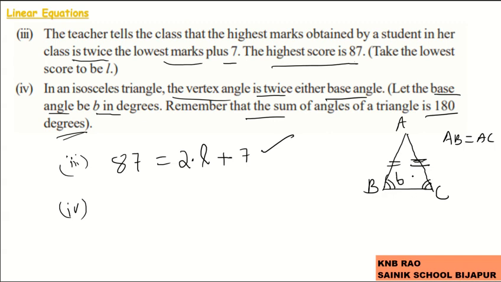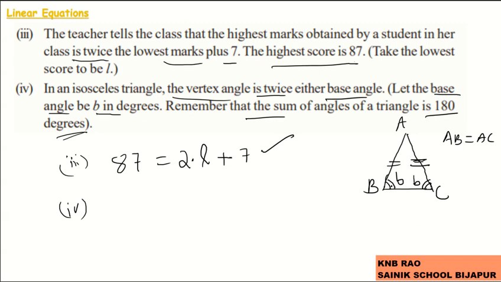So the base angles are both B and B. We learnt in our class 7th, in an isosceles triangle, not only are sides equal, even the 2 angles which are base angles are also equal.